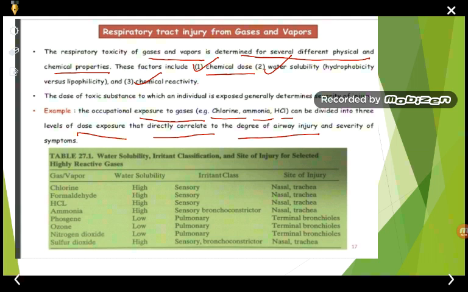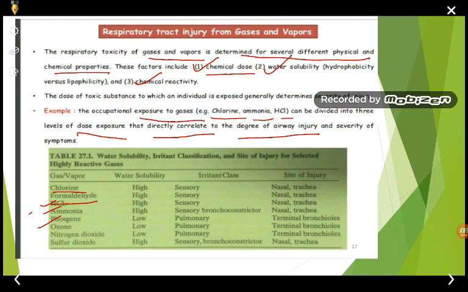So we can find certain examples of the gases which injure the lungs. First is chlorine, next is formaldehyde, then HCl, ammonia, and phosgene.